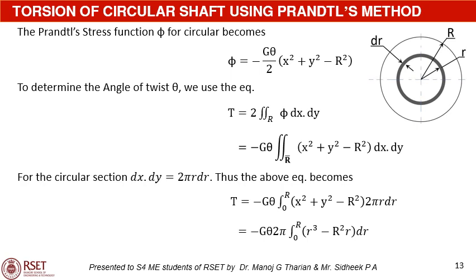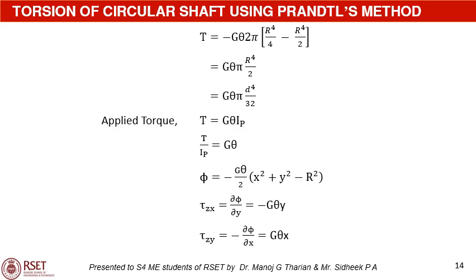Thus, the applied torque T is equal to minus Gθ integral 0 to capital R of x square plus y square minus capital R square into 2 pi r dr, which is equal to minus Gθ into 2 pi into integral 0 to capital R of r cube minus capital R square into r dr. Integrating the above expression and applying the limits, we get the applied torque T is equal to minus Gθ into 2 pi into r raised to 4 by 4 minus r raised to 4 by 2.